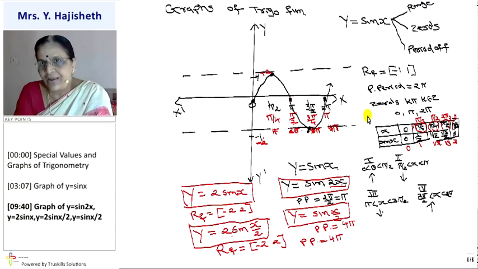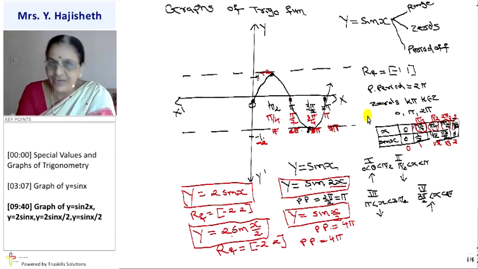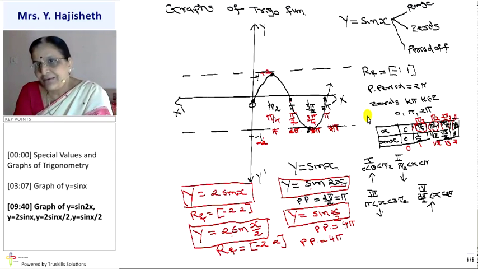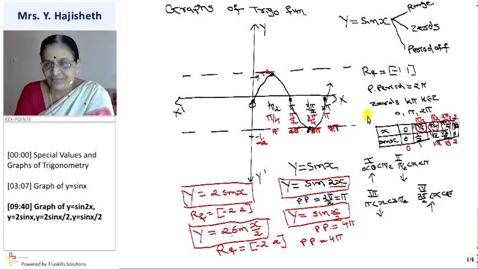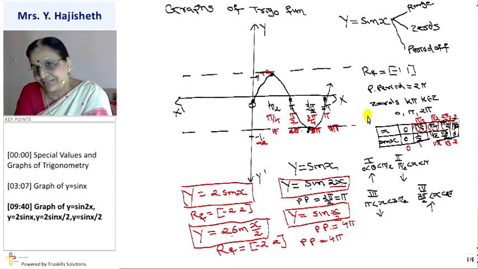Range, domain and period are always the same for sin and cos. The only difference is that zeros are different, and the behavior in the quadrants, as far as increasing and decreasing is concerned, will be changed.